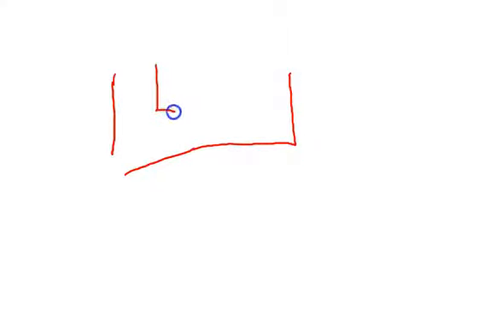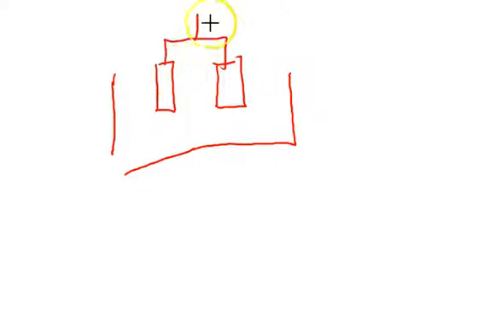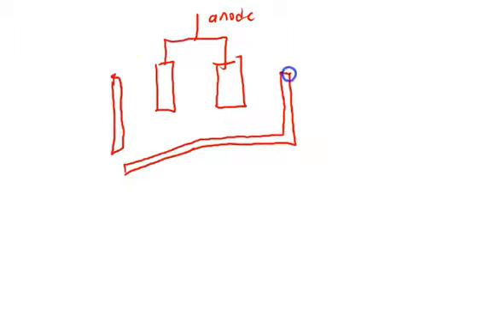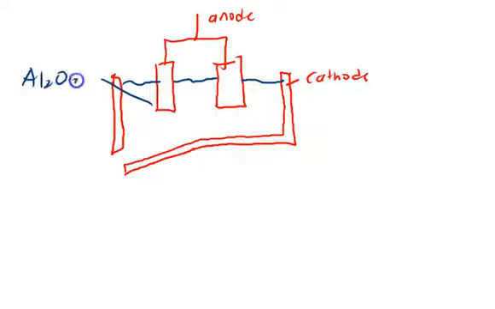So here we will have the electrodes, the carbons. Here will be the anode, and at the side here we will have a cathode. Aluminium oxide will be here, in molten form.